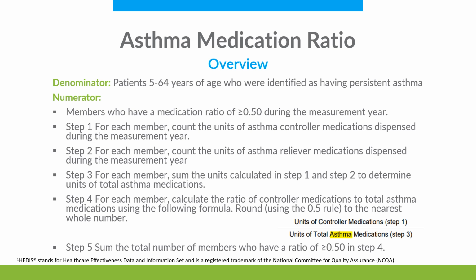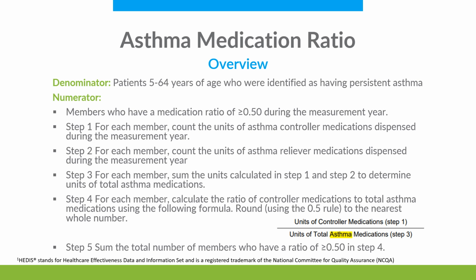The numerator for this measure is the number of members who have a medication ratio of 0.5 or greater during the measurement year. The way to go about calculating this ratio is by following a few steps. Step 1 is for each member, count the units of asthma controller medications dispensed during the measurement year.